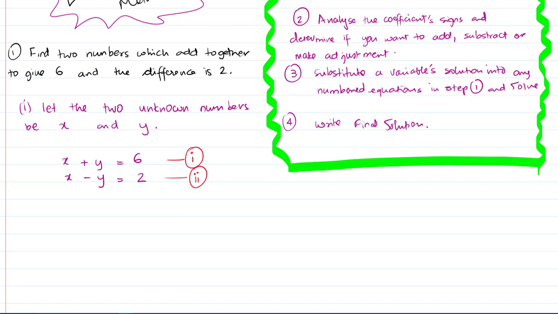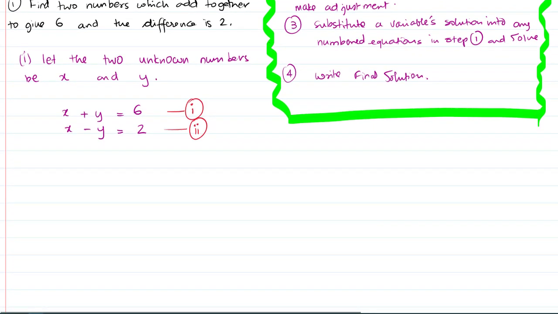Now the fundamental understanding of the elimination method is the word elimination. You have to eliminate one of the variables to find another variable. In this case, this is a simple example. I can either eliminate x or I can eliminate y.